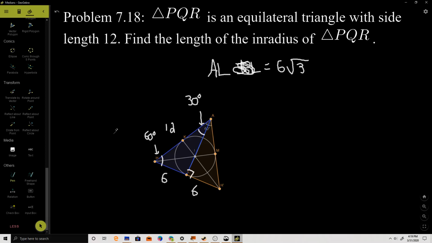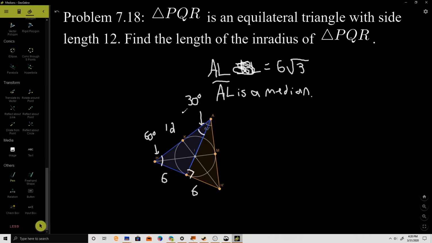And what's really interesting is that we just learned about medians, the line from the vertex to the midpoint of the opposite side. So actually AL is a median as well as an angle bisector. This doesn't typically happen, but it did happen in this case.